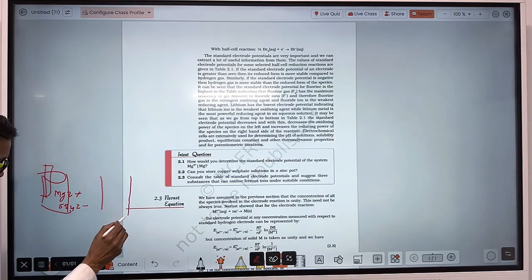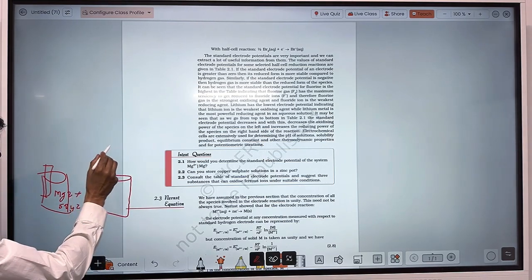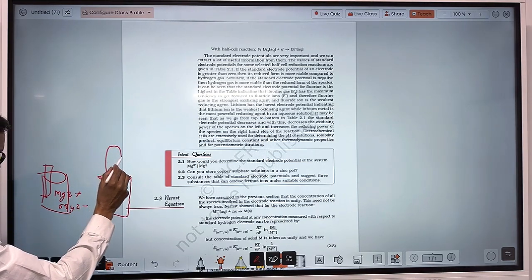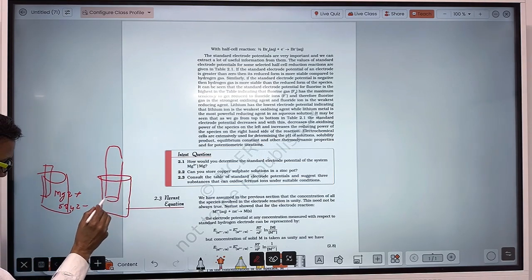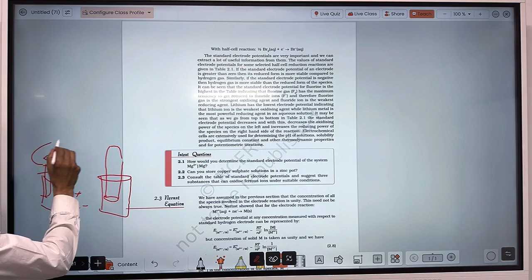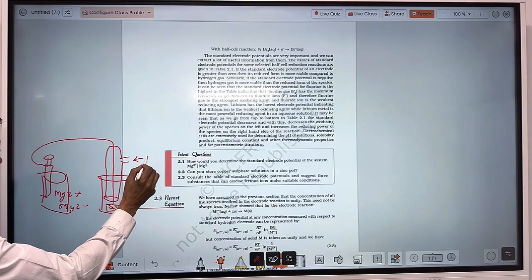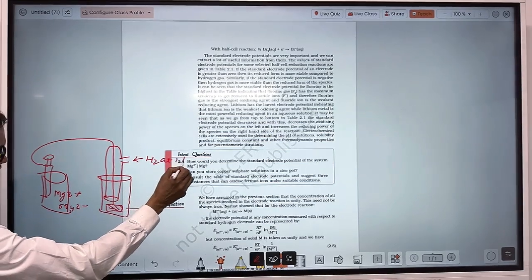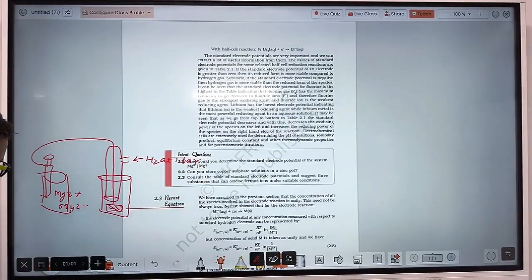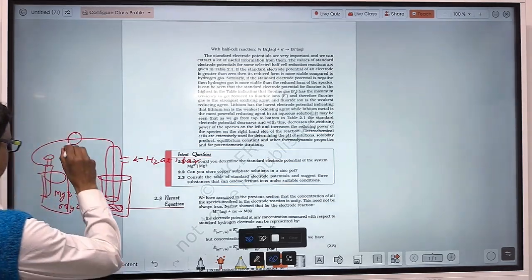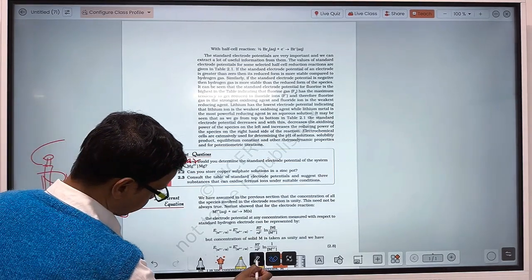Here you will take the hydrogen electrode and connect it to this one. Here hydrogen gas will pass at 1 bar pressure. Here the voltmeter will be connected.